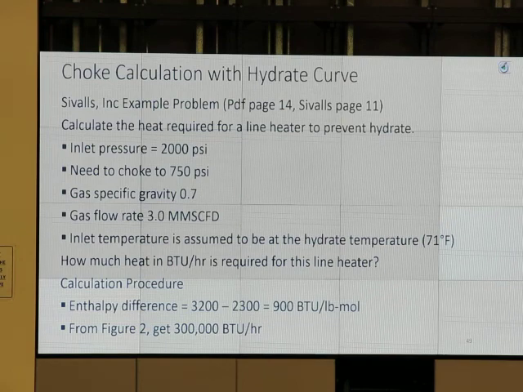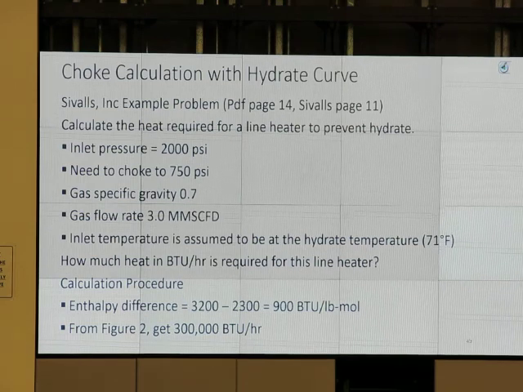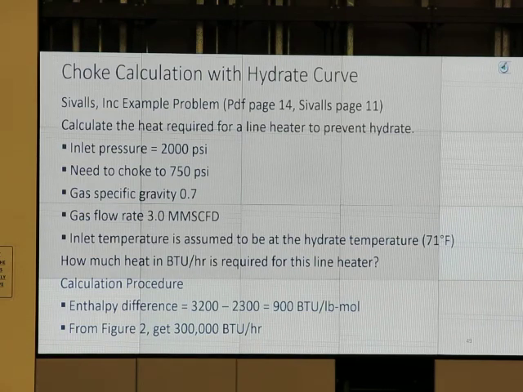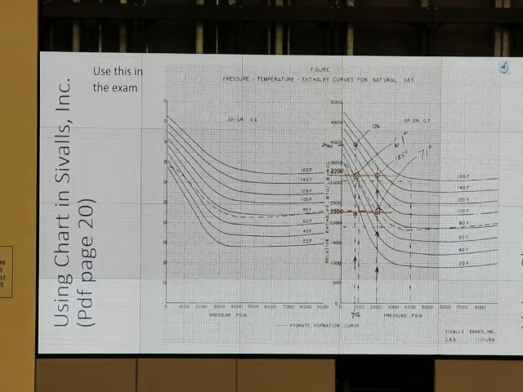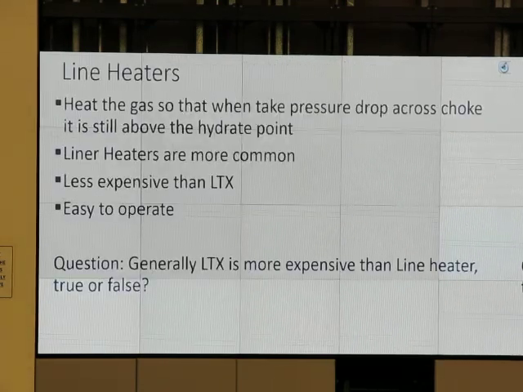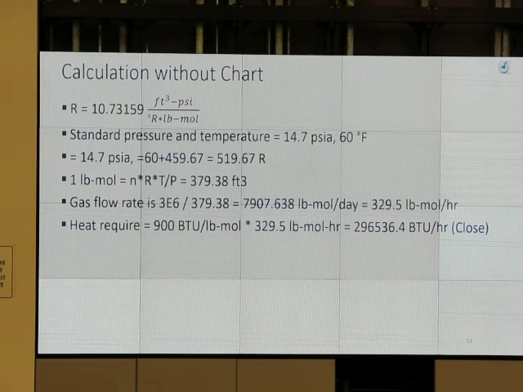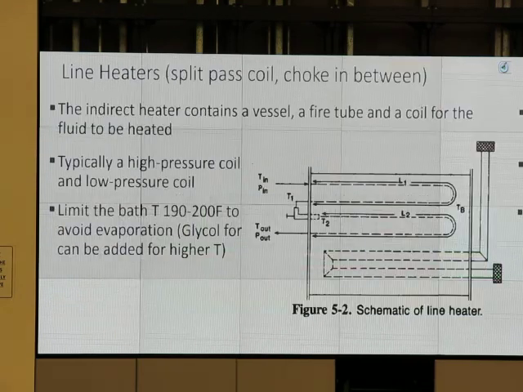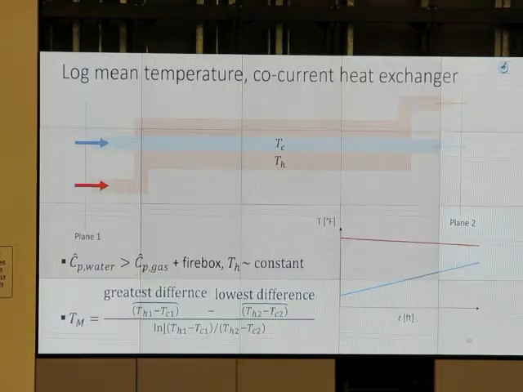Next step, after we do this, we select the pipe. To select the pipe, there are two considerations: erosional velocity and the what? Pressure drop, right? If the pipe is too small, we have too much pressure drop, and gas inside will be too fast. It's not good. So what we do is try to select the case that's good enough. But let's skip that for now.